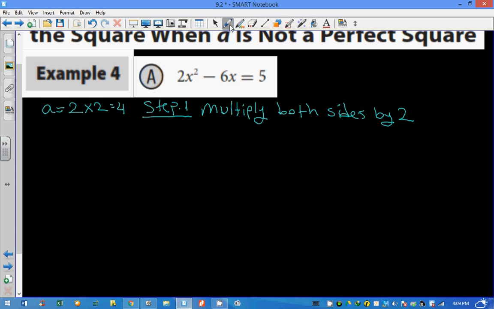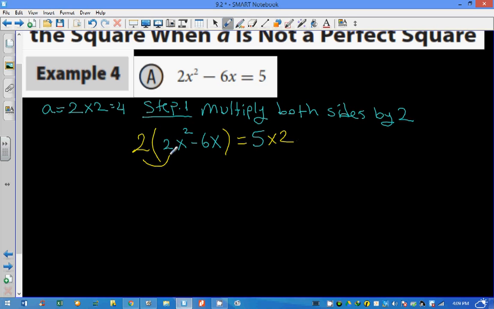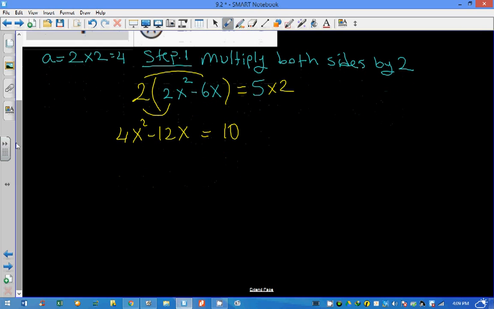So when you multiply 2 times 2x squared minus 6x equals 5 times 2, it will be distributive property, 4x squared minus 12x equals 10. So, and we will continue with the other steps.